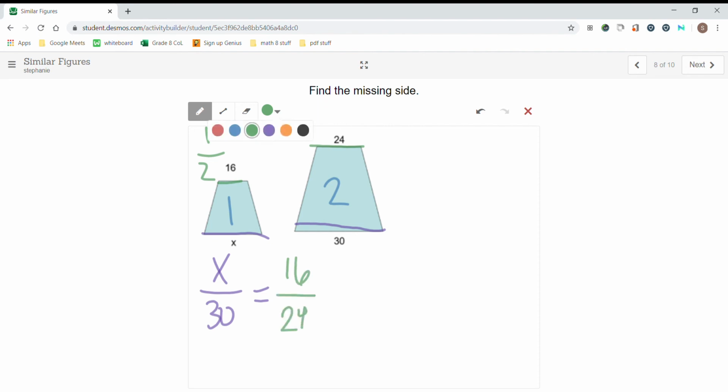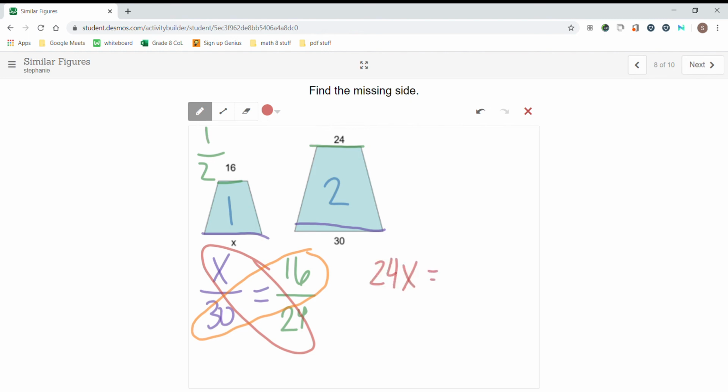So now it's time to make our crisscross. So I'm going to do x and 24 and 16 and 30. So 24 times x is just 24x. I can't do anything with that yet because that's that variable.